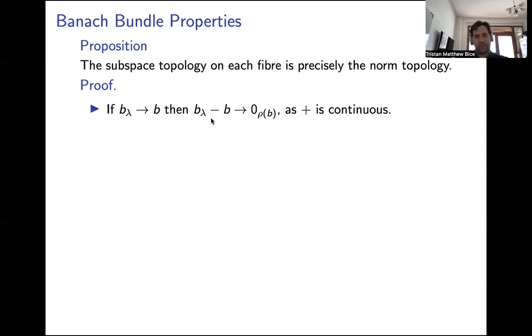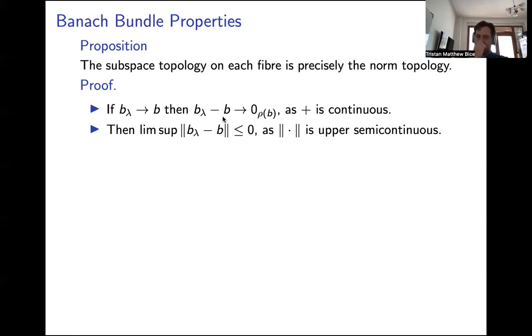Essentially, because you've got a net here, you could also consider the constant net with value minus B, and that will definitely approach minus B. Then you add the two nets together, and addition is continuous, so you're allowed to do that. You can then add the limits together as well, and adding B to minus B gets you 0 in that particular fiber rho.